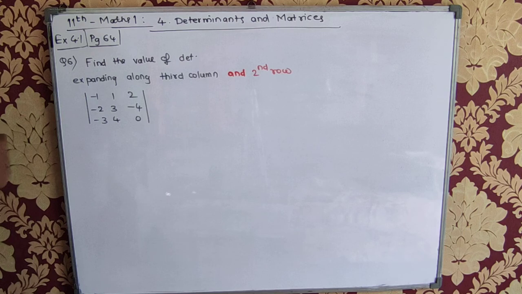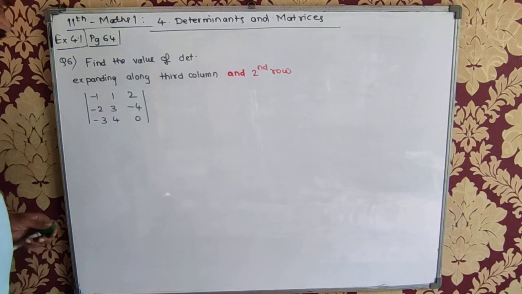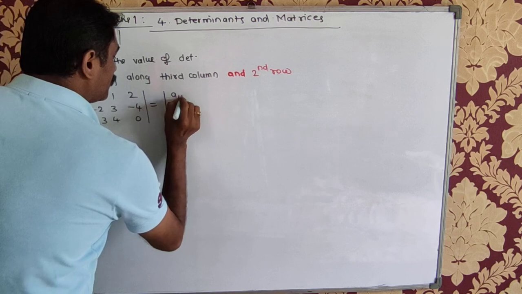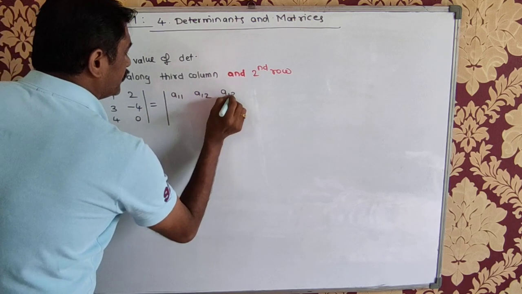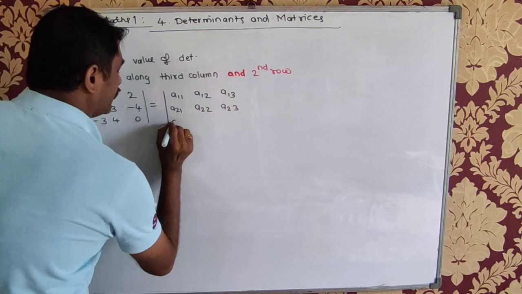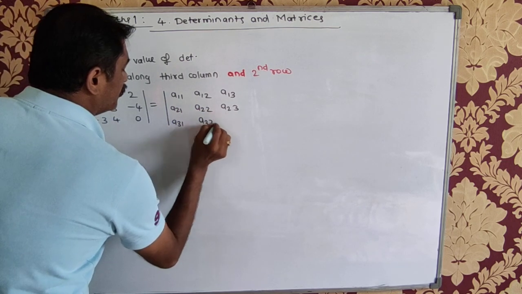This determinant. Now here let me tell you a very peculiar property of determinant. First of all, I'll compare this with A11, A12, A13, A21, A22, A23, A31, A32 and A33.